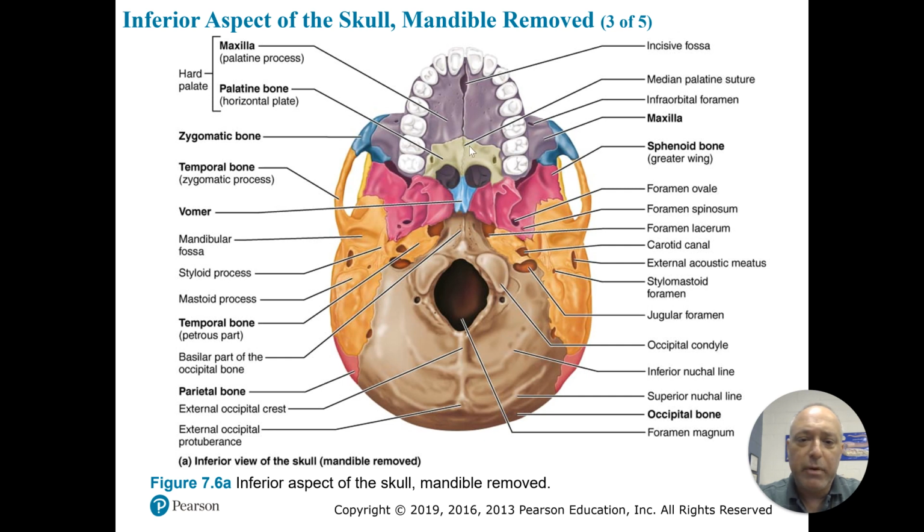The palatine bones with the median palatine suture. Zygomatic bone makes up the zygomatic arch. The temporal bone makes up the zygomatic process. The vomer, the foramen magnum, a lot of these other landmarks we've seen.